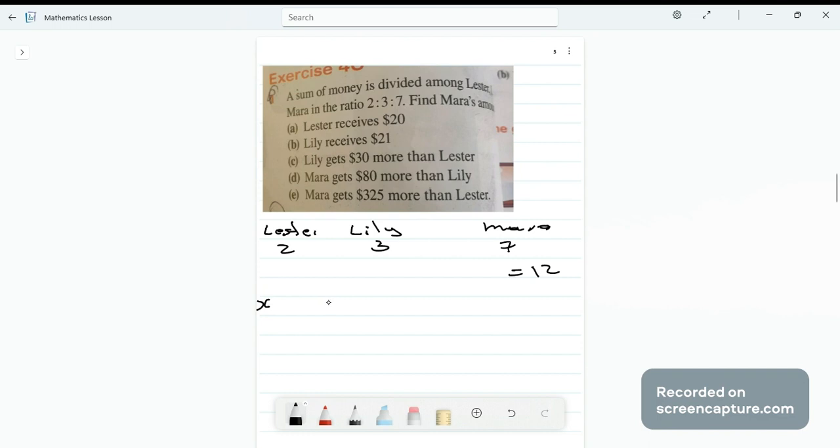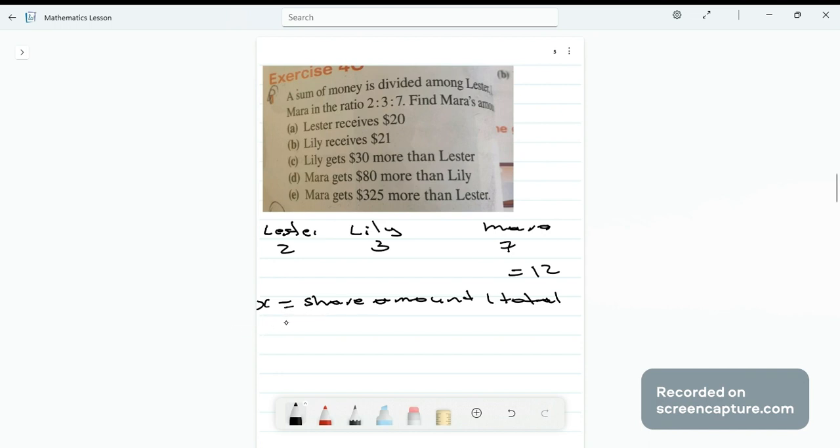But it said Lily got $30 more than Lester. So we're going to call that total sum X. Whatever the total money that we're sharing up, so that we can have this ratio, we're going to call it X.